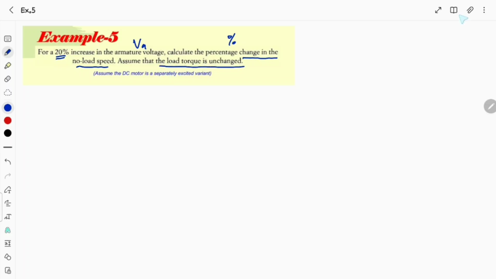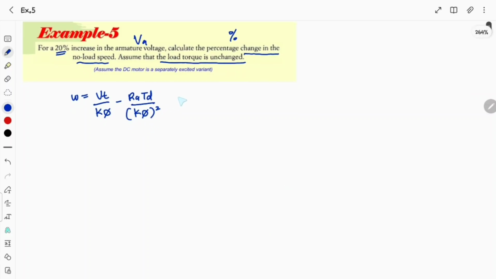So if we write back the speed versus torque equation, we have speed equals VT over kV minus RA TD over kV square, and this is equal to no load speed minus the speed drop.